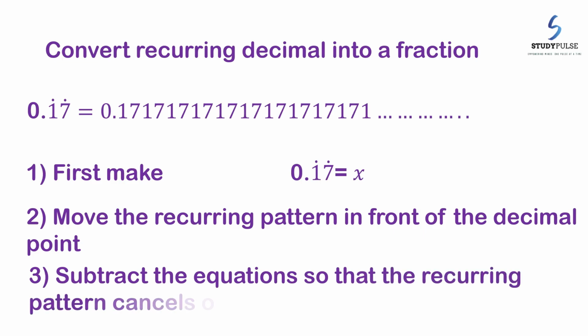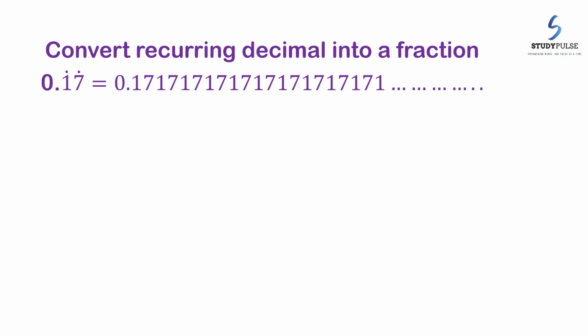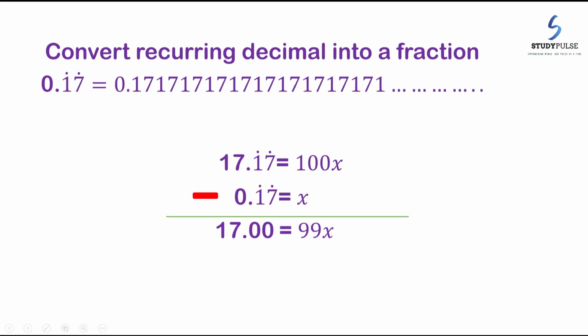So we're going to set it out as x equals 0.17 recurring and 100x equals 17.17 recurring. Now we're going to leave the bigger number at the top, so we subtract the x away from the 100x. That gives you 99x, and 17.17 take away 0.17 recurring.